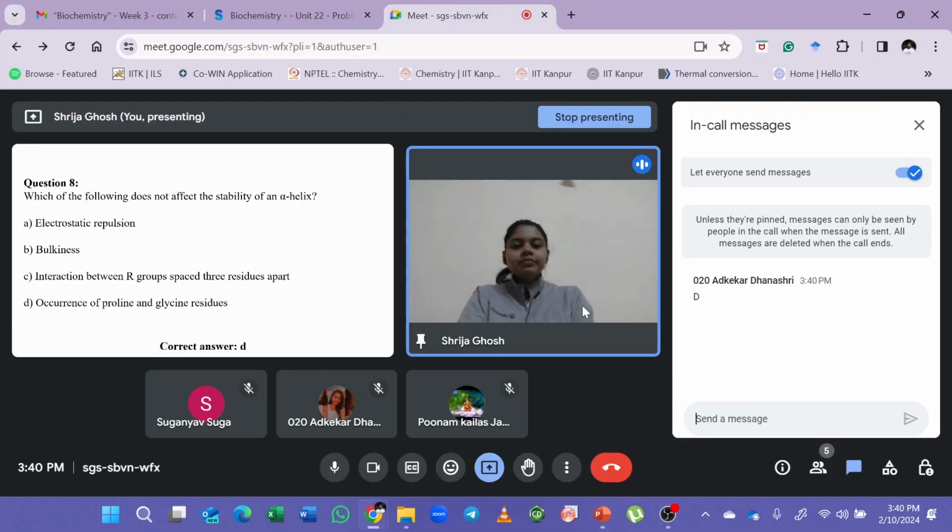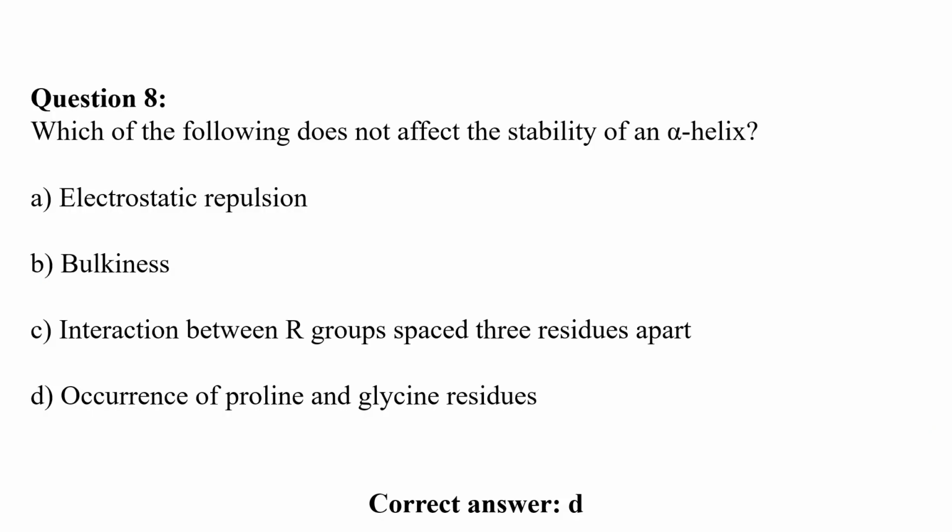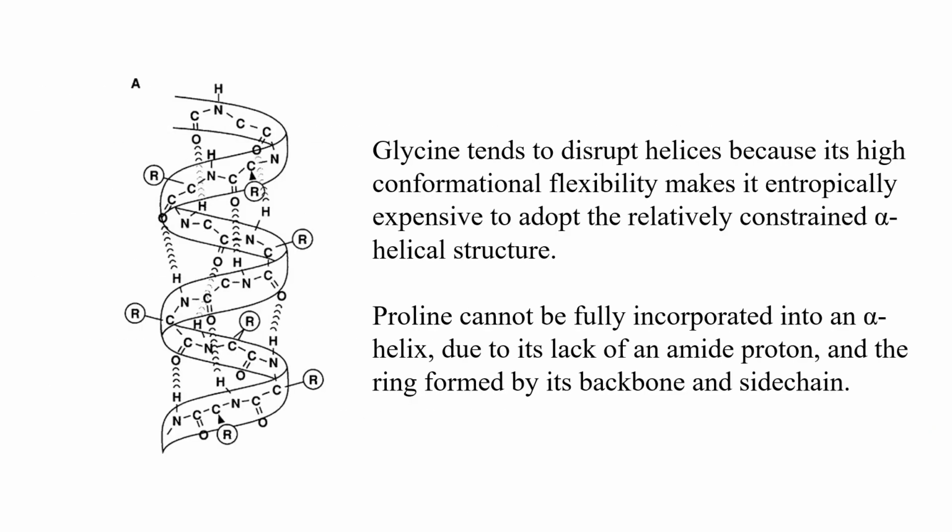Can you explain why? Dhanashri. It's okay. When we have an alpha helix, as I told you in the previous class also, the alpha helix forms hydrogen bonding and stabilizes its structure. The hydrogen bonding happens between the amino and the carboxylic group of different residues.